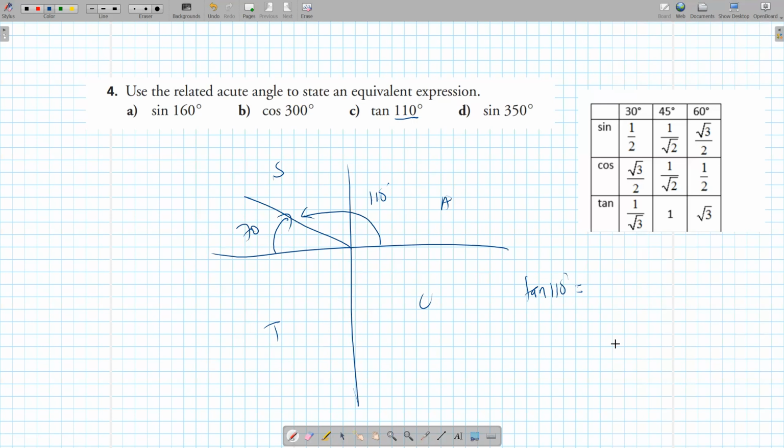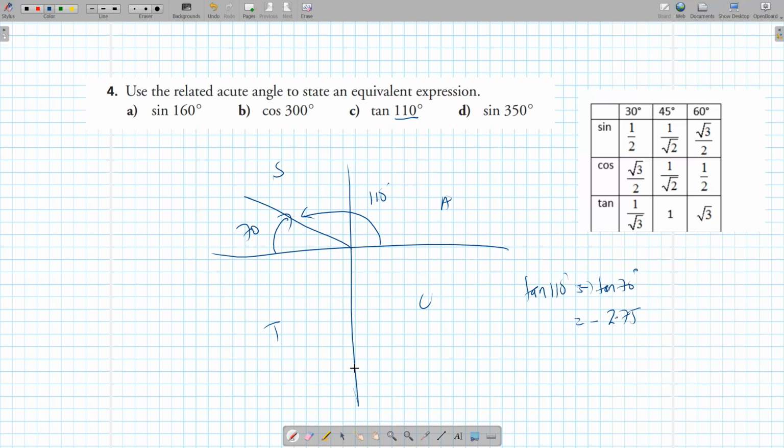Tan of 70. Okay. Positive or negative? Negative. Good. So negative tan of 70. And again, that's an ugly angle, I mean, we don't know what the exact value is. It's going to be minus 2.75.